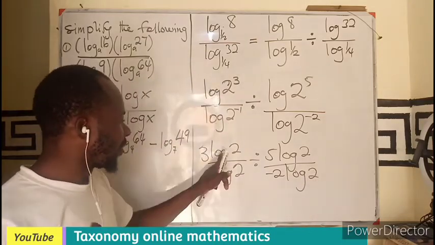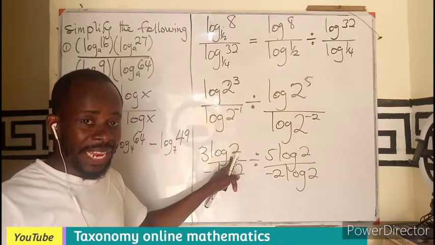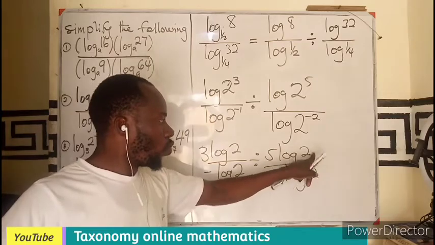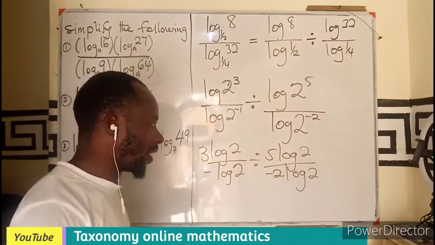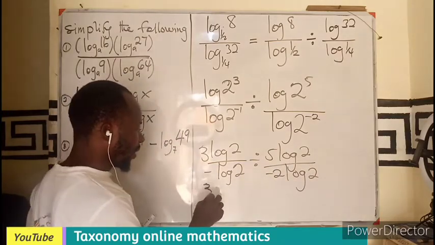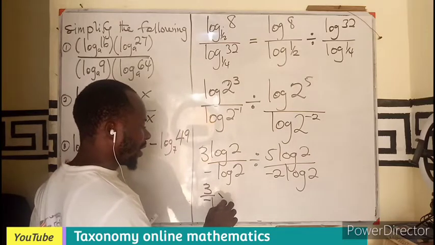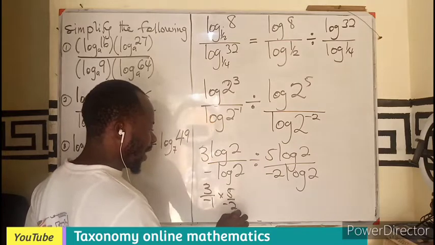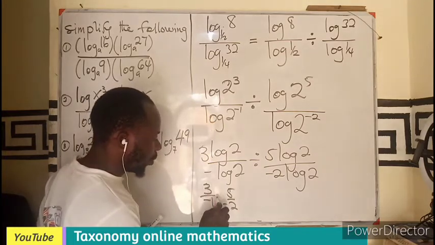So in this case, log 2 base 10, we can cancel. They will cancel. So I'll be left with 3 divided by minus 1 times 5 divided by what? Minus 2. When I say times, it should be division.